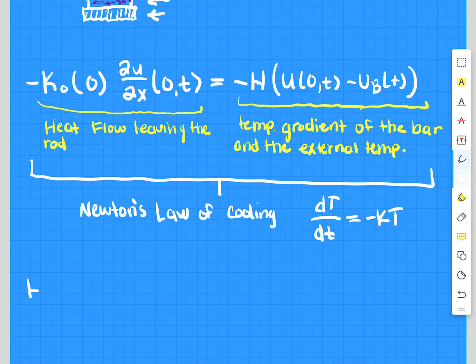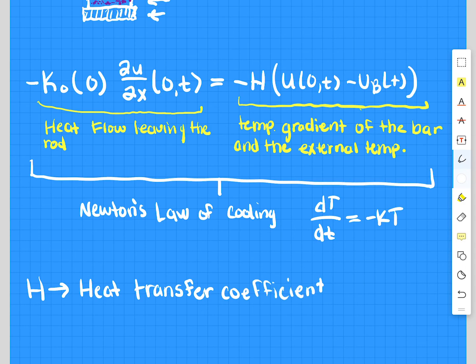And again, I was going to say that we're going to go ahead and define H, where H is defined as the heat transfer coefficient. Okay. And again, we'll go ahead and explain in later detail exactly what a lot more of these terms mean in just a few more videos.